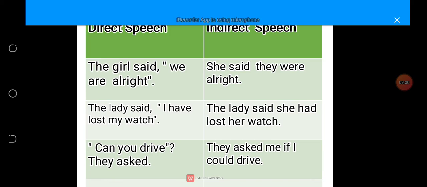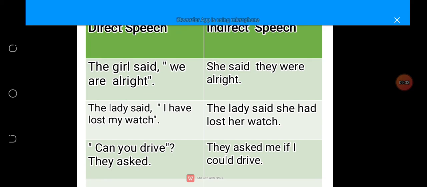You should note that in changing from direct to indirect, our main focus is on the words in the quotation. So where we have the pronoun in the quotation, that is our main focus. I am saying that in changing from direct to indirect, our main focus is on the pronoun in the quotation used in the speech.